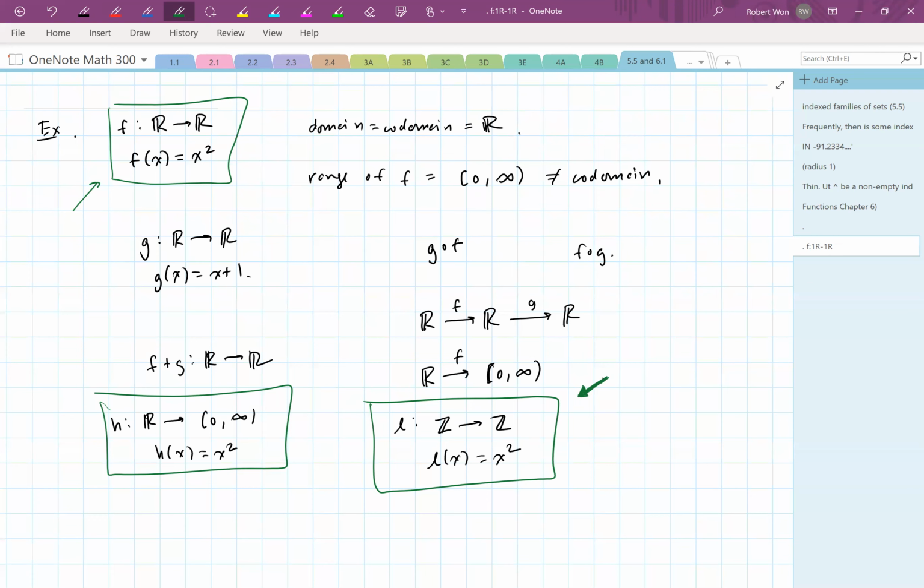Now, the bad thing about thinking of functions like f of x equals x squared is that you might be led astray into thinking that every function is defined by some algebraic rule. Like here, there's a very clean way to write down what the function does.